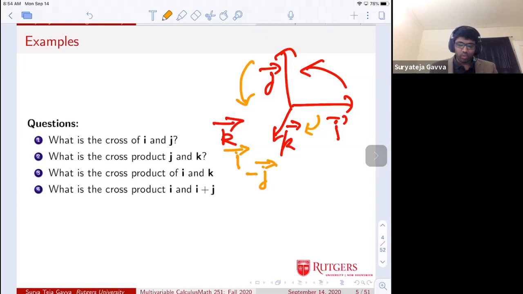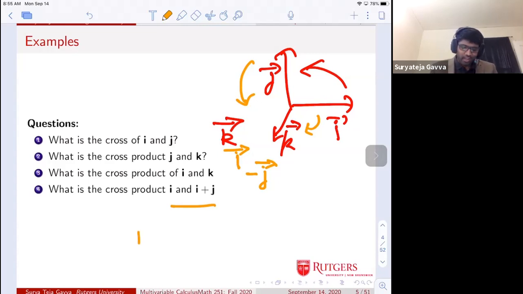So it's minus j. What about the cross product of i and i plus j? What is the cross product of i and i plus j? Anyone? Yes, it's k.